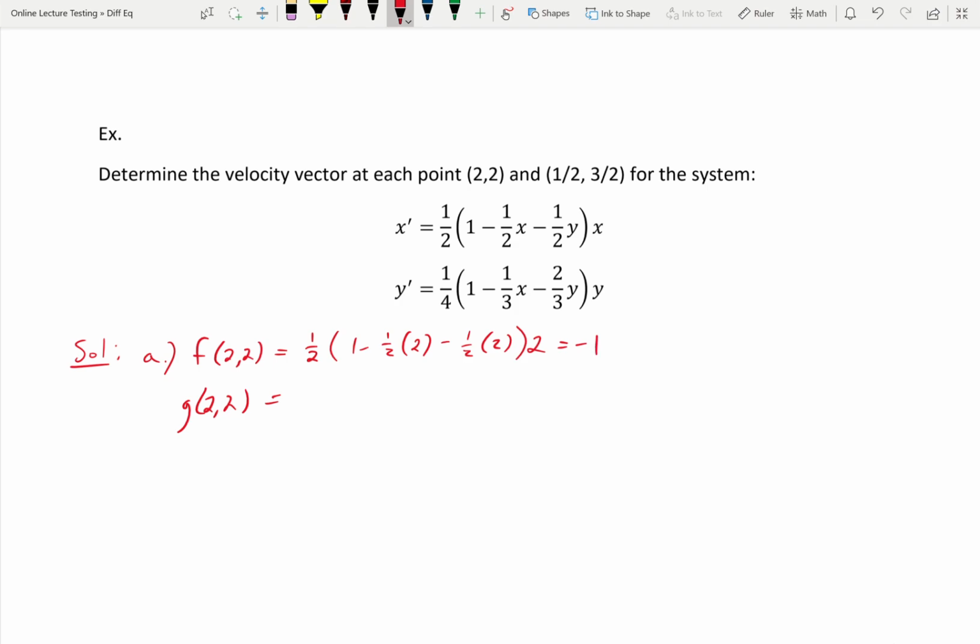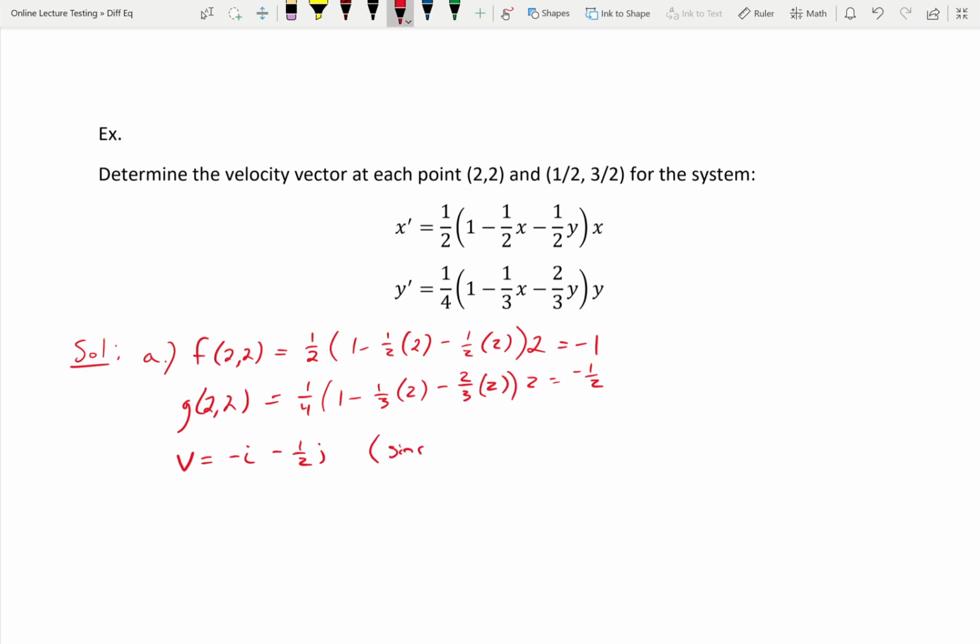We plug into g, our y prime function: 1 minus 1/3 times 2, minus 2/3 times 2, all times 2. This gives us negative 1/2. So our velocity vector is equal to negative i minus 1/2 j.